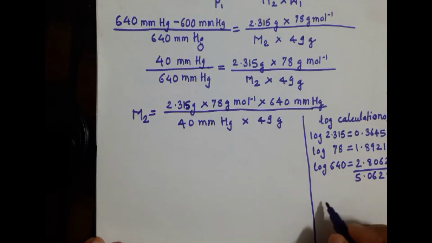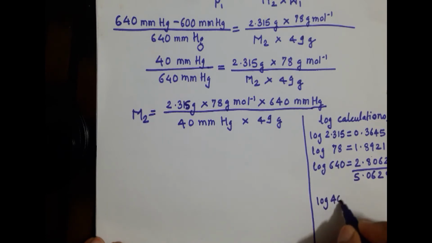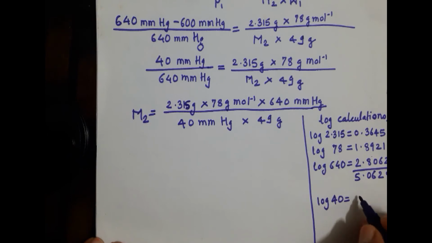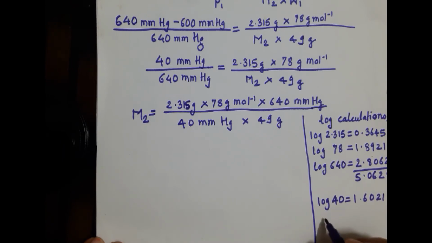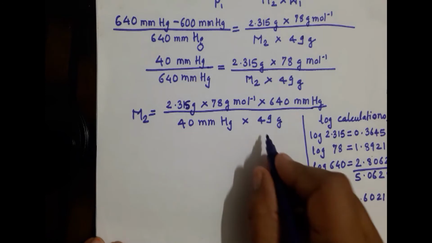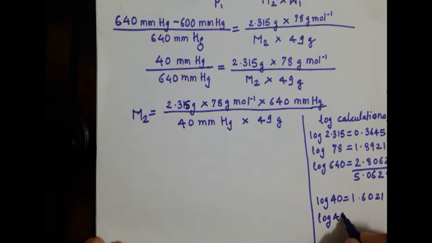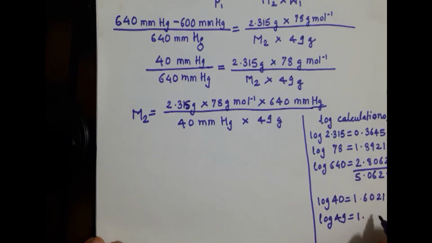Then take the log of 40. Since there are 2 digits, we can write here 1 point, and the log is found to be 2, 1. Then log of 49, so 1.6902.